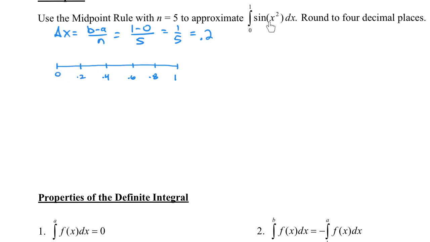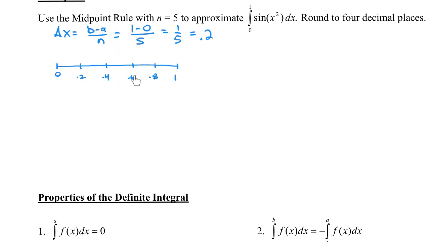So it's sort of like this sine x squared function is up here somewhere. If you think of this as the x-axis, this thing would be up here somewhere, and we could find the area under the curve. But we don't really need a picture for it. We are just going to use this midpoint rule. You could draw little rectangles in, but what we need to do is find the midpoint.